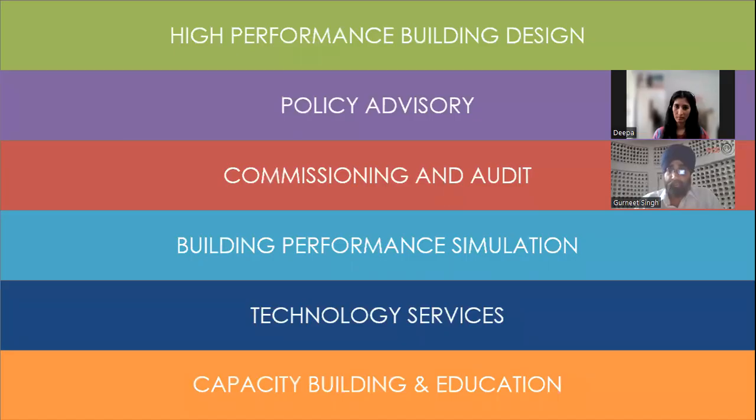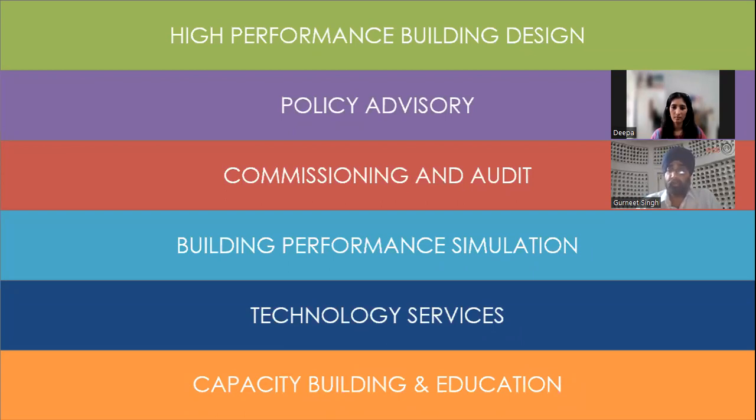This slide briefly summarizes the kind of services that we provide. The first one is high performance building design, which covers certification, net zero energy building, and existing building audits.